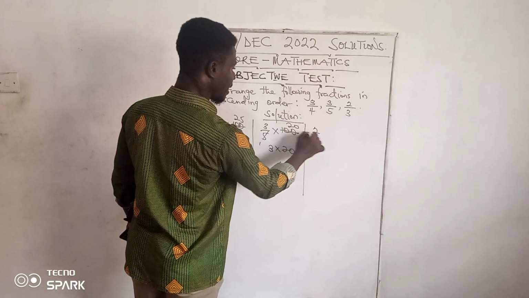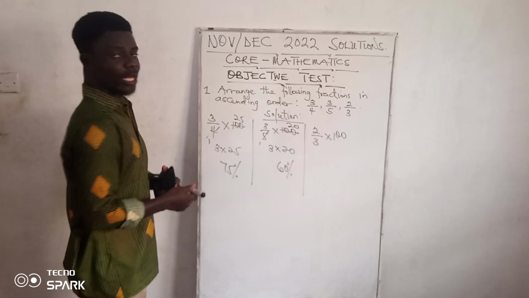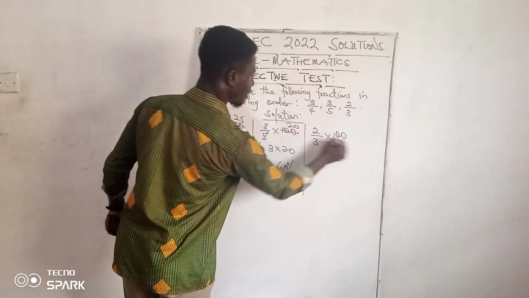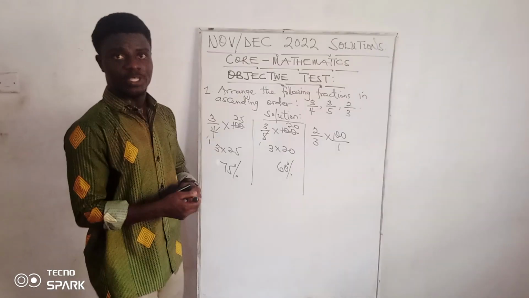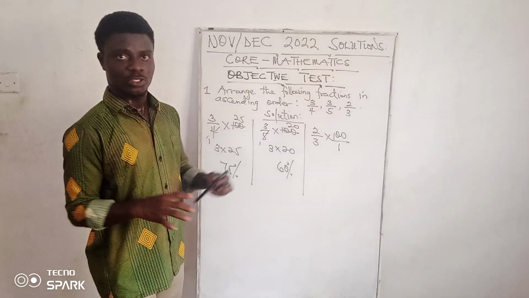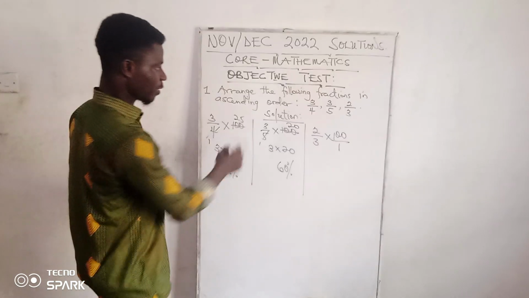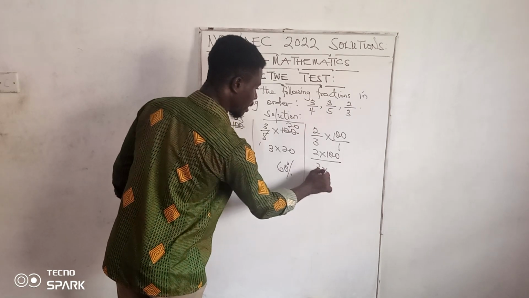Then we have 2/3 times 100. Now let's see, 3 cannot go into 100 exactly, right? So we get multiplication of fractions. We multiply the numerators, then we multiply the denominators. We do not find the LCM for multiplication. So I get 2 times 100 all over 3 times 1.